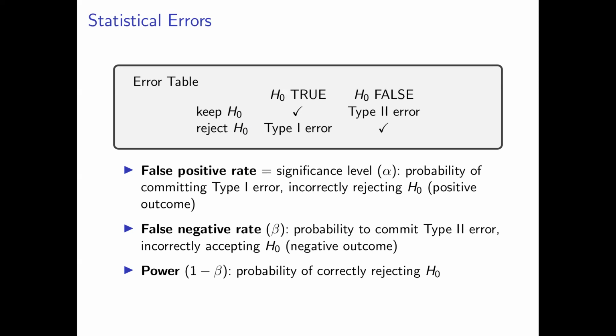And again, this power is something which, unlike the significance level alpha, which we specify at the beginning of any testing scenario, we have to calculate or approximate because we do not know what this value is exactly.